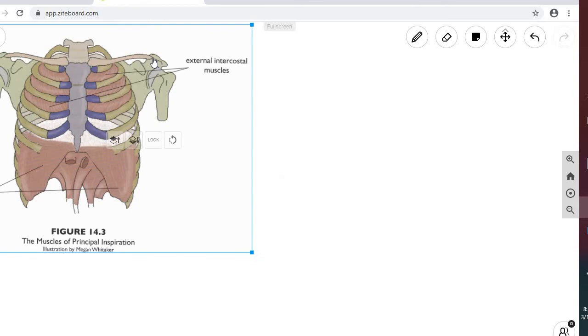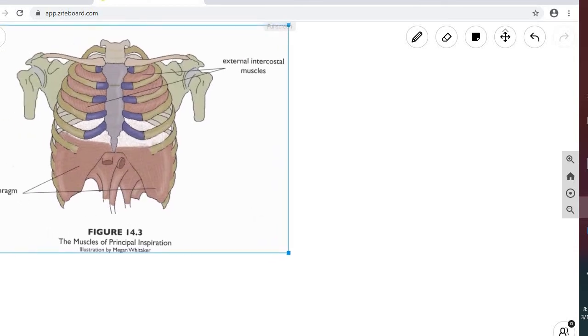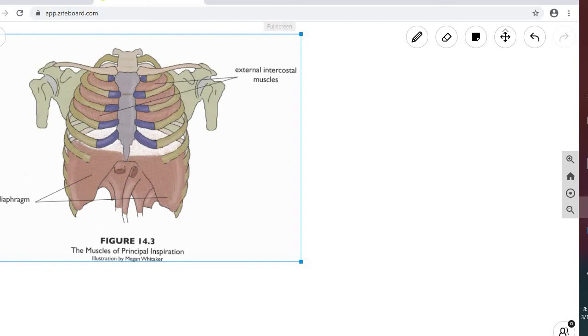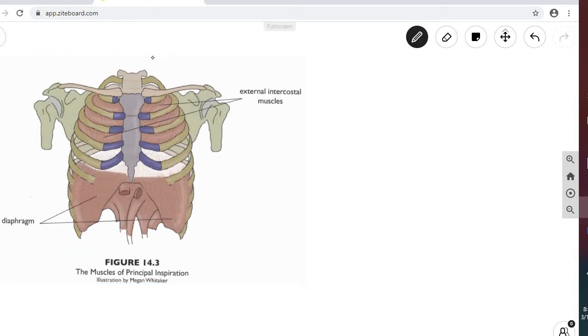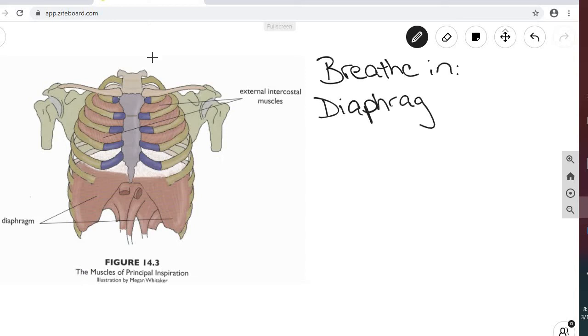Okay, so this figure from your textbook is going to show the main muscles of inspiration, or breathing in. So when you breathe in, the main muscles that are involved are the diaphragm, and then also the external intercostals.